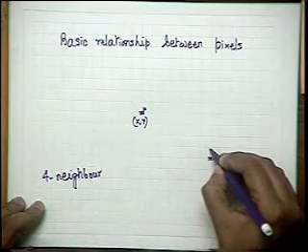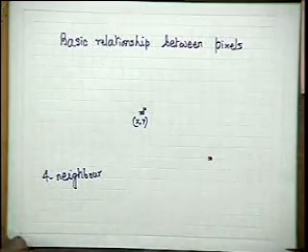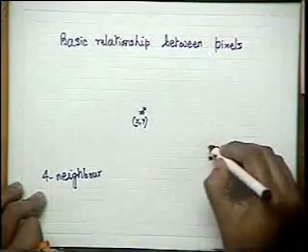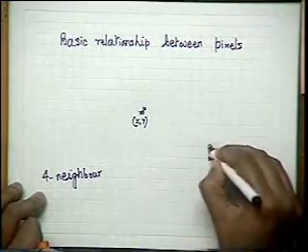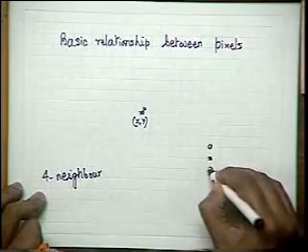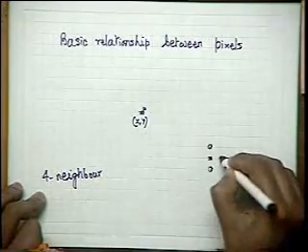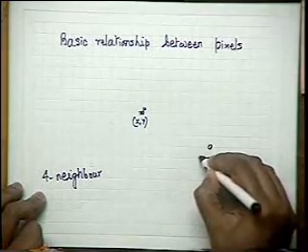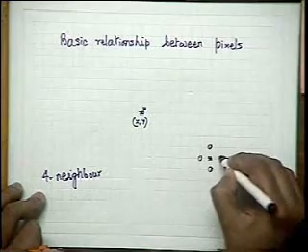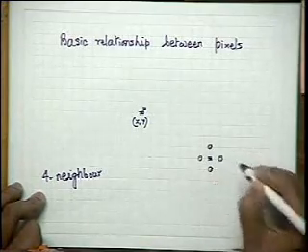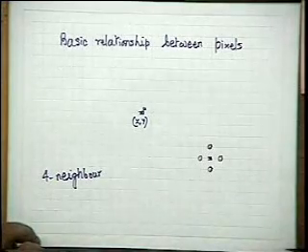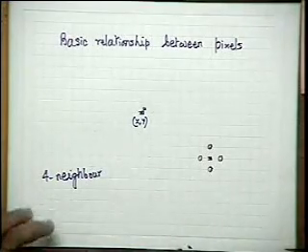If we consider the pixel which is immediately on the top of it, the pixel which is immediately on the bottom of the pixel under consideration, the pixel which is immediately on the left, and the pixel which is immediately on the right, this constitutes the four-neighbor for a pixel.